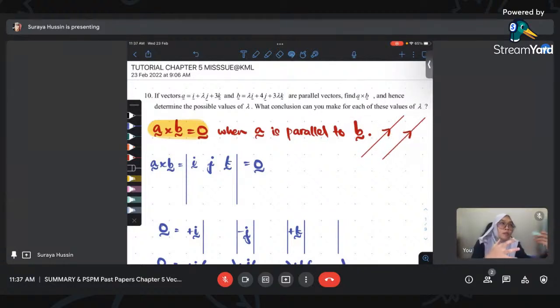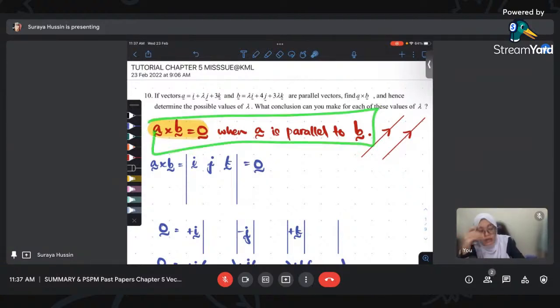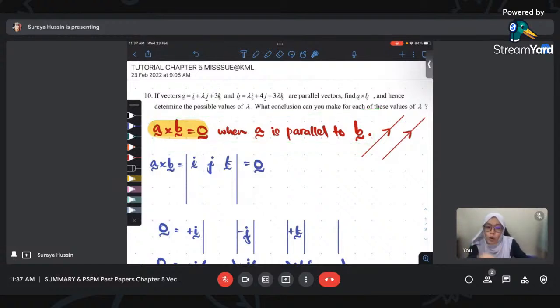Jadi kamu kena ingat, oh bila waktu parallel? So parallel is only happens when apa? When A cross B is equal to 0. Sebab itulah Miss minta kamu hafal benda ni. Because it's always keluar in exam. So it's parallel bila waktu sine 180 degree.